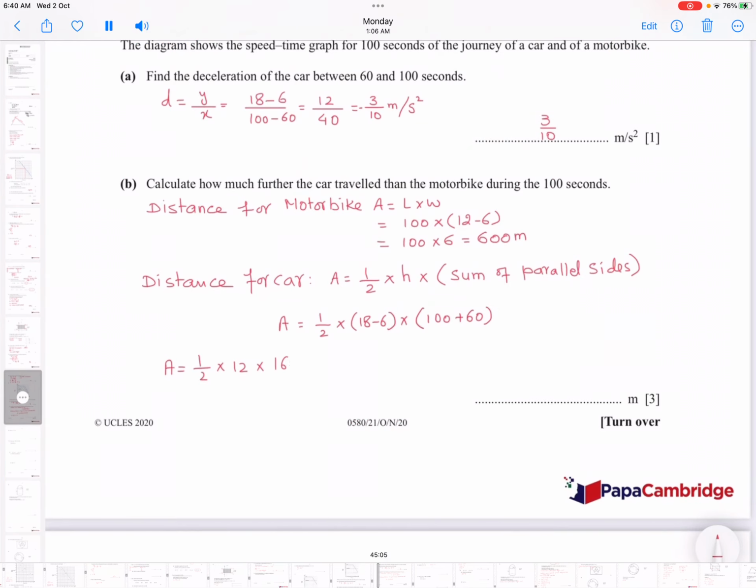Now solve this. So your area is 960, actually this is your distance. So 960 minus 600 would be 360. This is the difference, which tells us how much further the car traveled than the motorbike during 100 seconds.